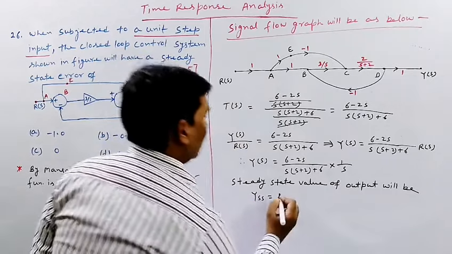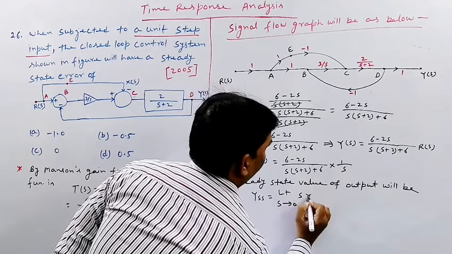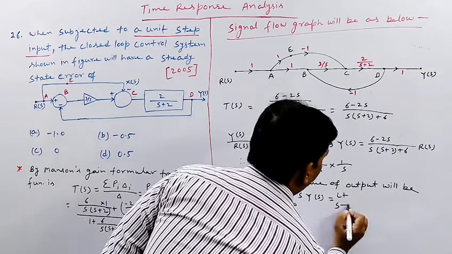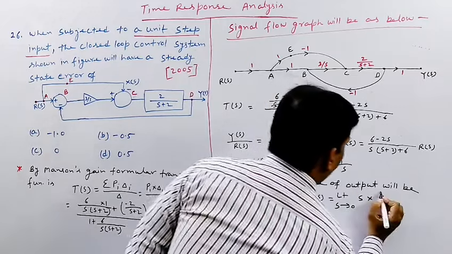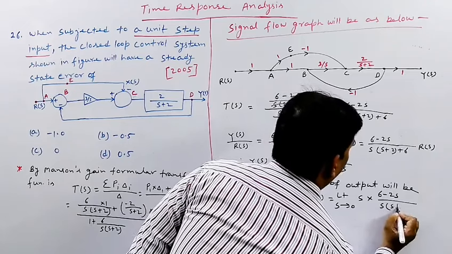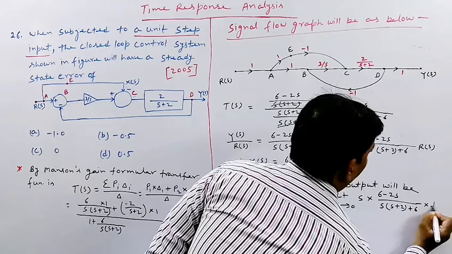This is equal to limit s tends to 0 of sY(s). This will be equal to limit s tends to 0 of s multiplied by, what is Y(s)? (6 minus 2s) divided by (s into (s plus 2) plus 6), multiplied by 1 by s.